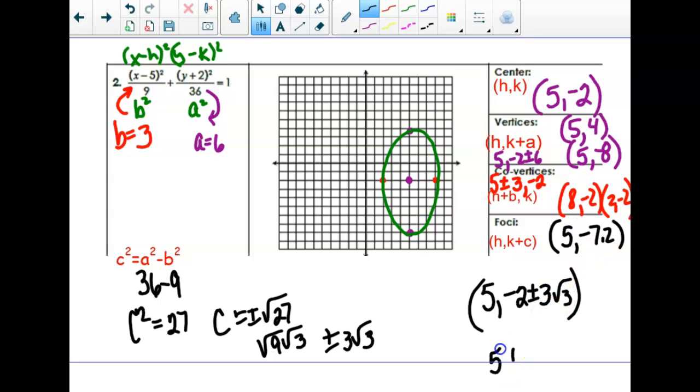It's fine with me if you wrote 5 plus or minus, negative 2 plus or minus the square root of 27. Anybody else get negative 7.2, which will be way down here? And then negative 2 plus the square root of 27 is positive 3.2.